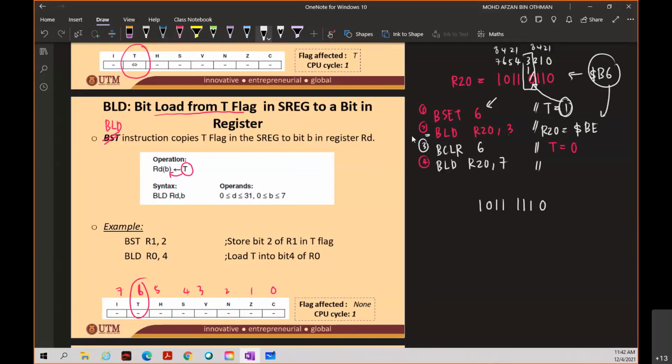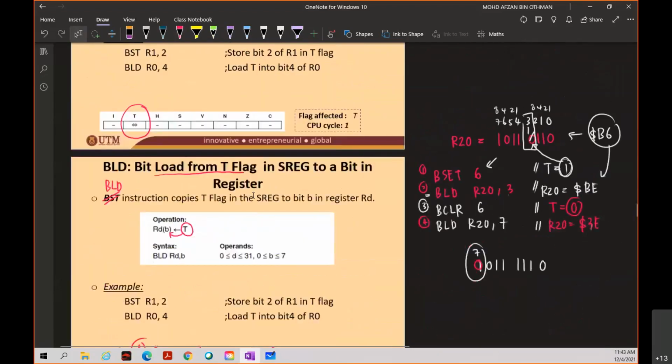So this is bit 7. You go to bit 7 and now you load the T value, which is 0, to your bit 7. So what happened to your R20? R20 will have a new value, which is 3E. So this is what the BLD and BST do.